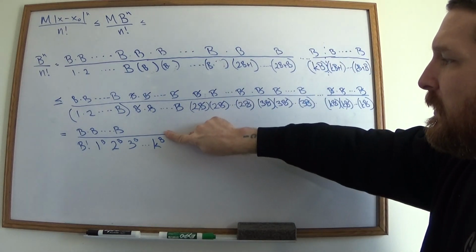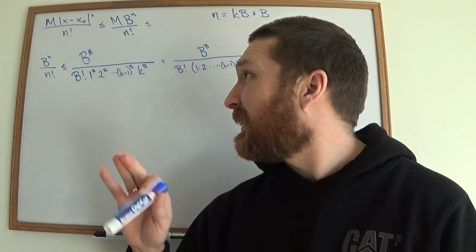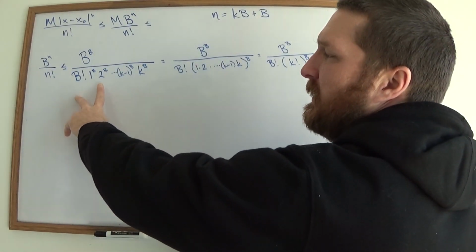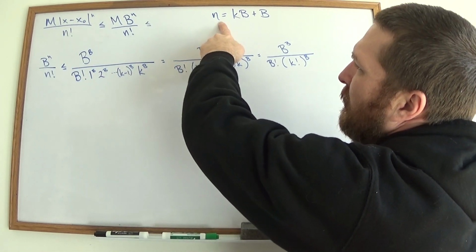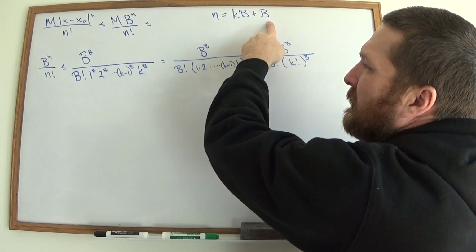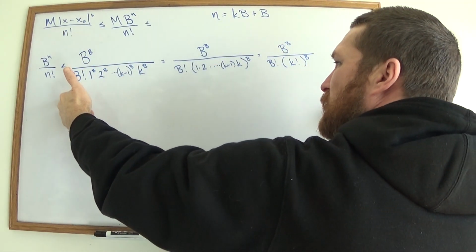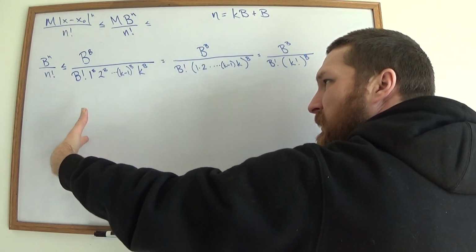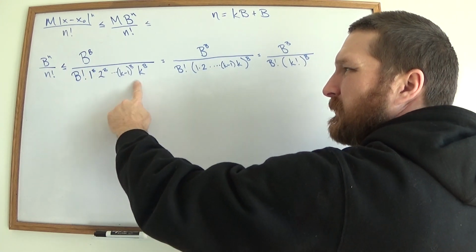So my camera died, and I'm not sure exactly where we left off here, so I'm just going to go with this. We got to the point where we said that if n was equal to kb plus b, then we could write it all out, and then remember we made the denominator smaller to make the whole thing larger, and we ended up with this expression right here.